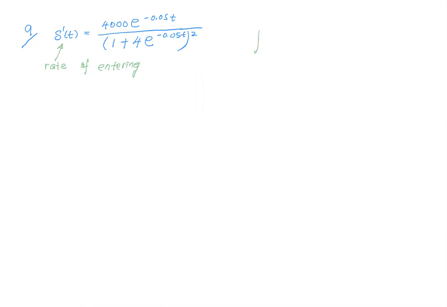So if I integrate from 0 to 5, s prime t dt, if I write this definite integral, so what information will you get?